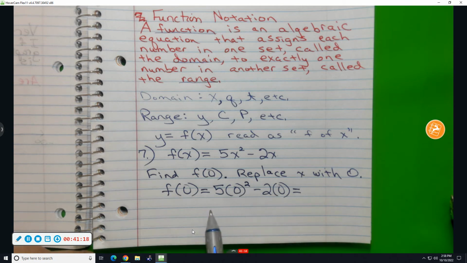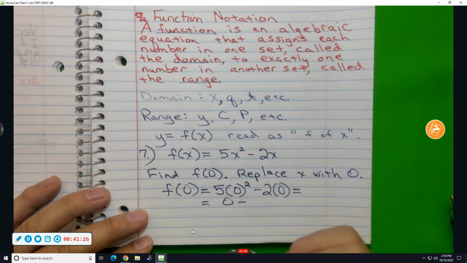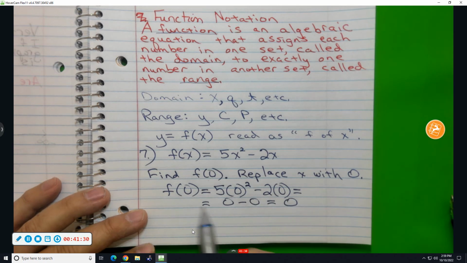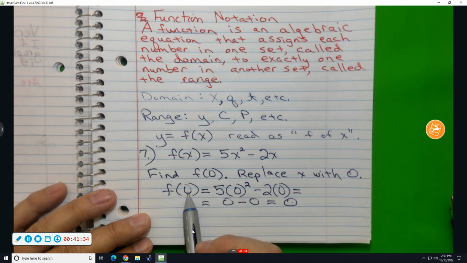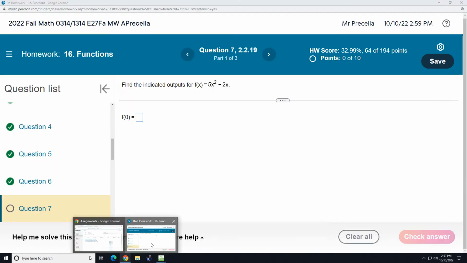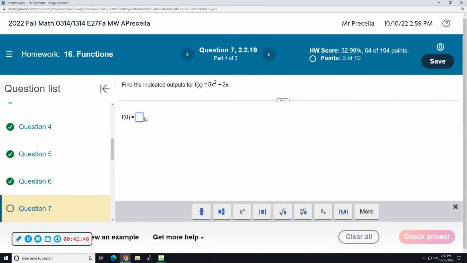Then you multiply from left to right. 5 times 0 is 0, and minus 2 times 0 is 0. So f of 0 is 0. When x is 0, the y value is 0. That's not a very interesting problem. Hopefully they'll give us some other numbers to plug in.